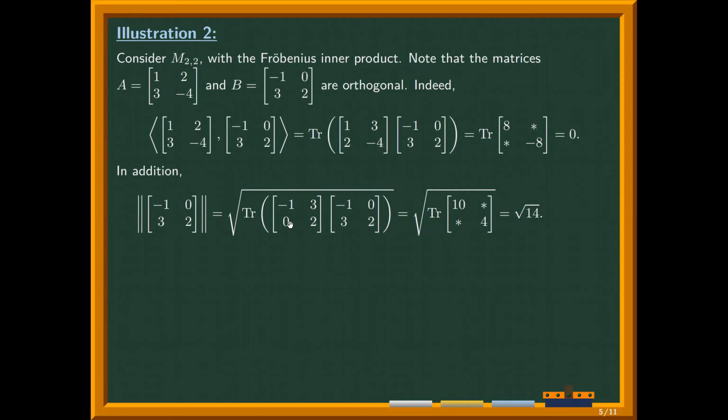Again, in computing the trace, we are only interested in the values along the diagonal. So we can simply compute -1 times -1 plus 3 times 3, that's 10, and 0 times 0 plus 2 times 2, that's 4. So the length is the square root of the trace, or square root of 14.